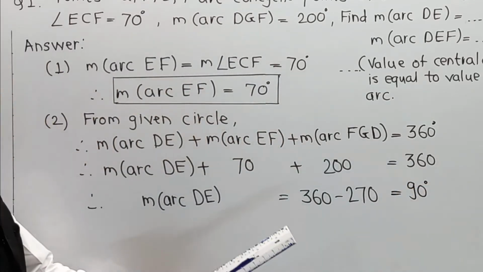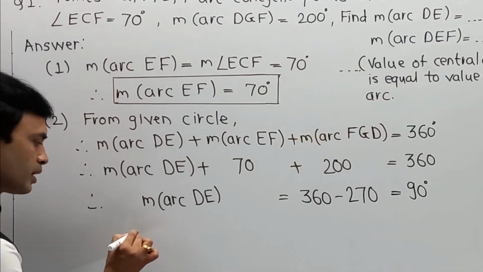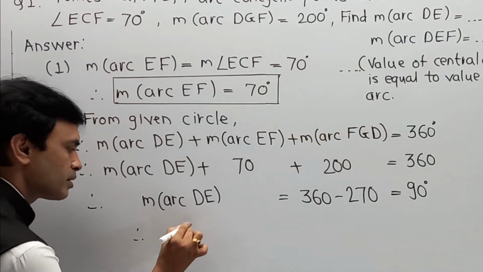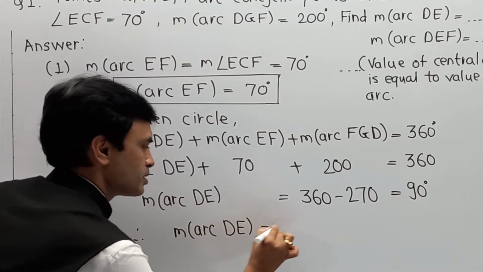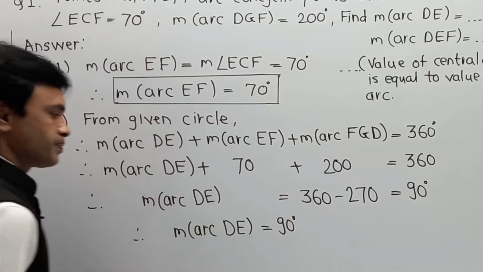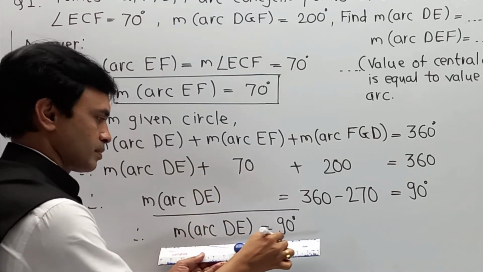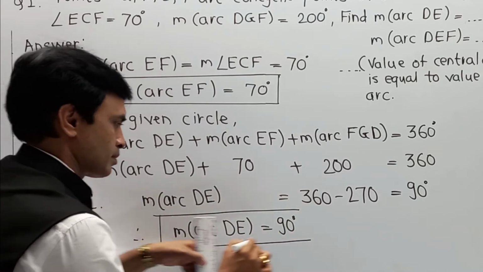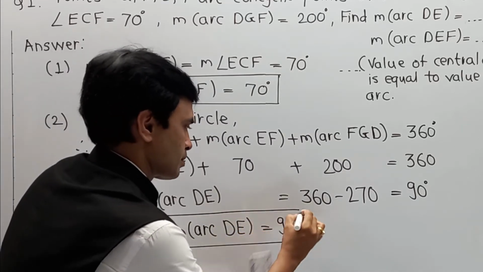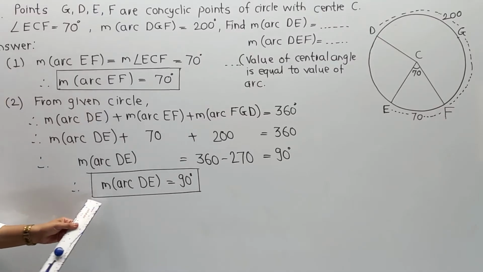So we get the first answer of our question: therefore major arc DE is equal to 90 degrees. In this way, we complete the part.